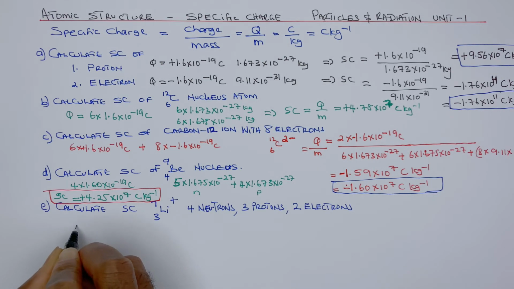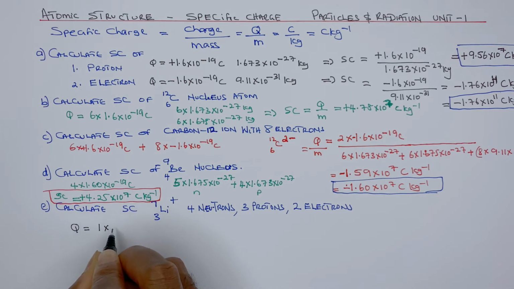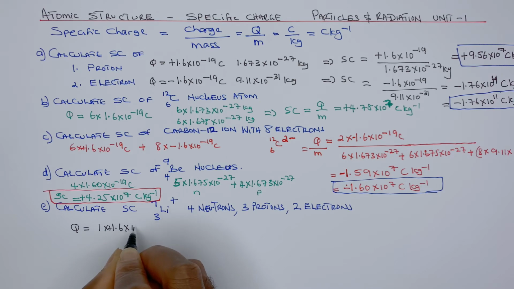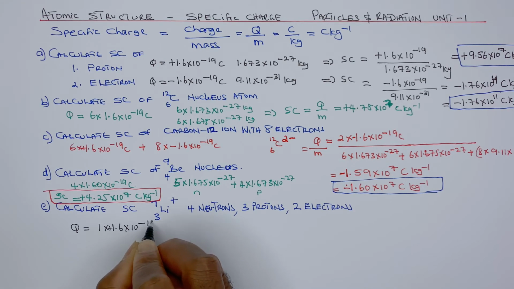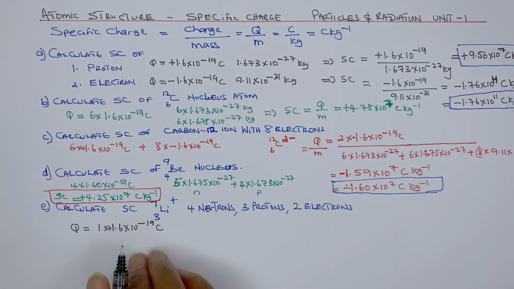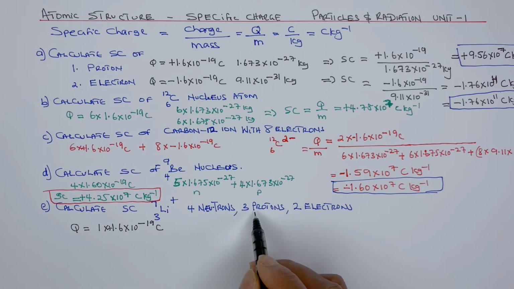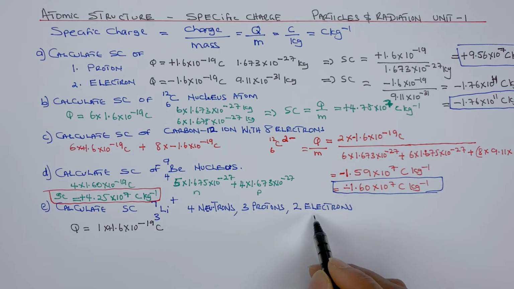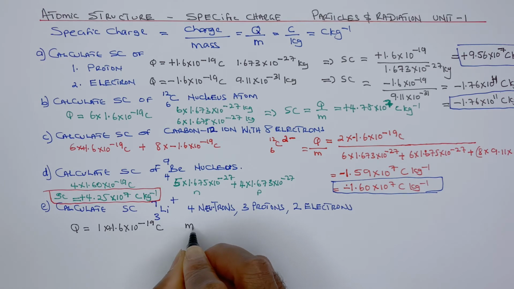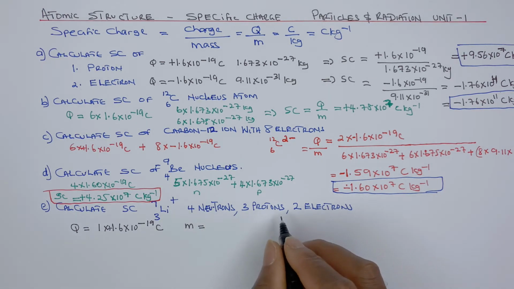So the charge in this case will be 1 times plus 1.6 times 10 to the power minus 19 coulombs. So that's the charge that is affecting, because as I said, the 2 protons here will cancel out the 2 electrons. And the mass in this case will be all 3 of them.